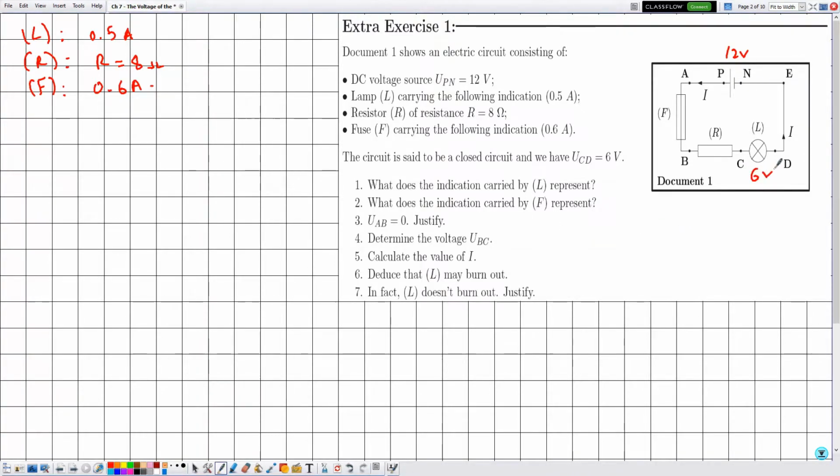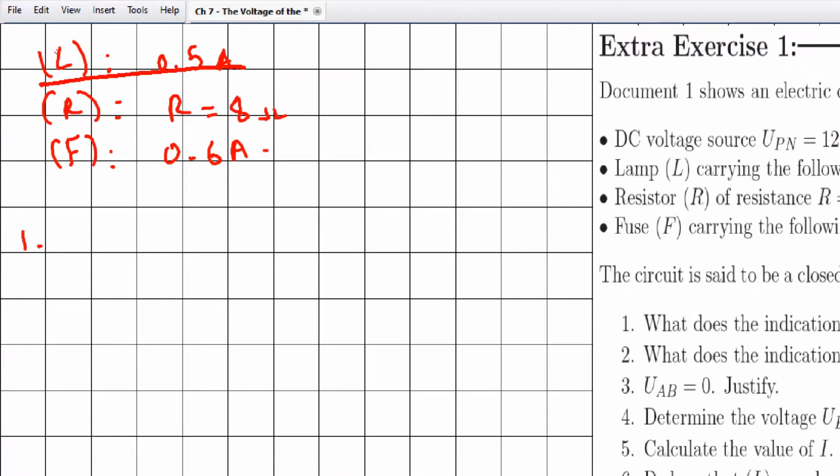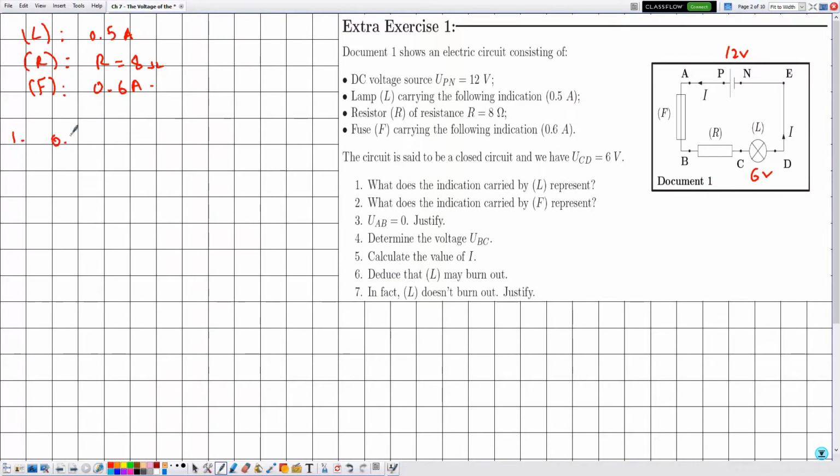6 volts. Now in number 1 they are asking what the indication carried by L represents. L carries the following indication: 0.5 amperes, and we know that this is the rated current of the lamp L, under which it functions normally.